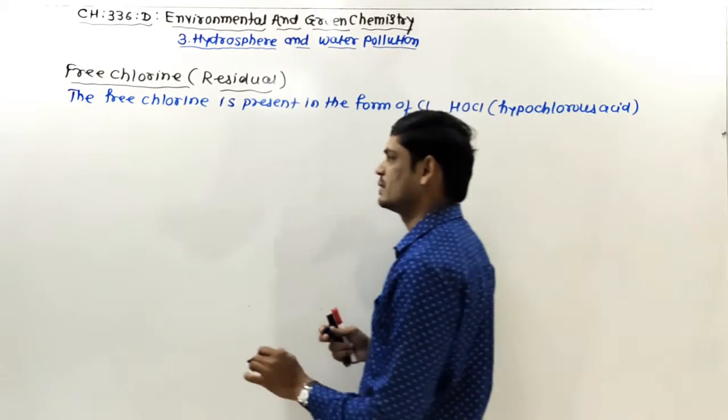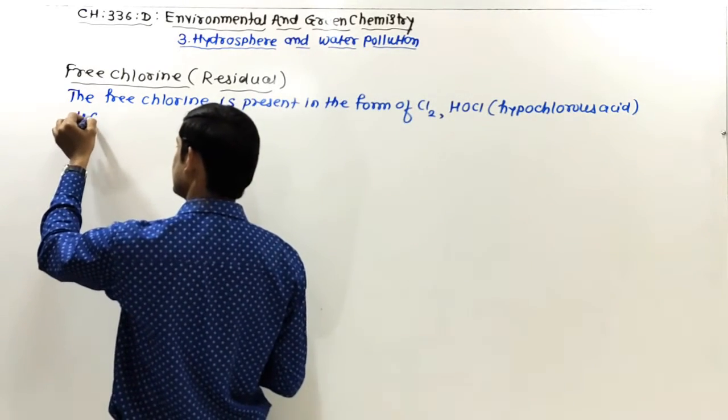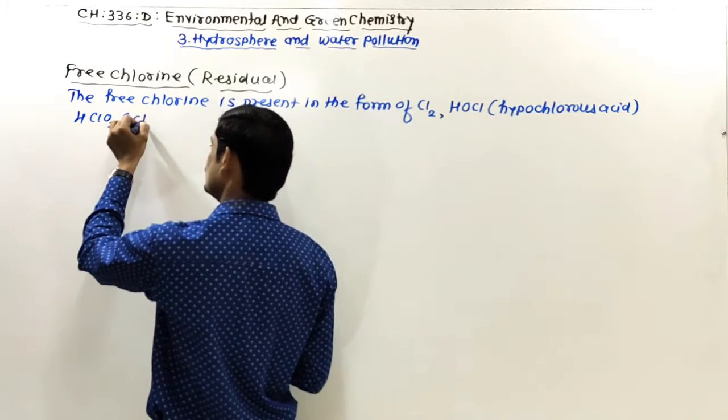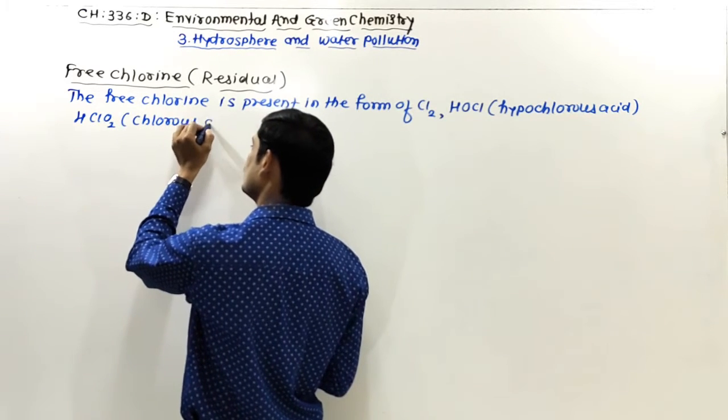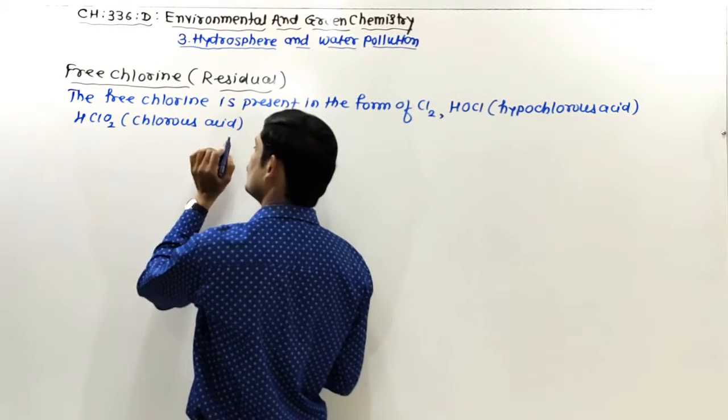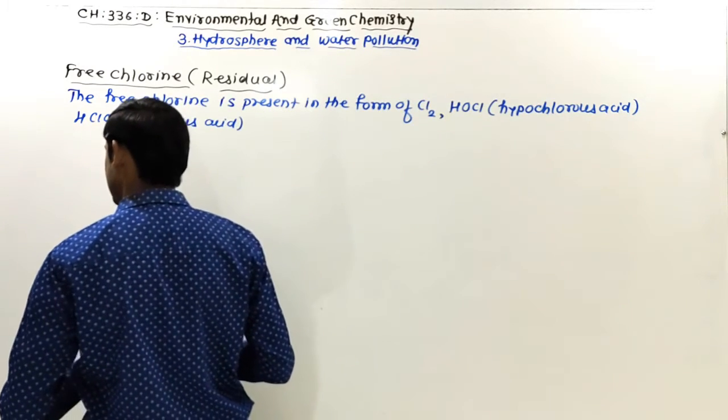The next one is HClO2, we call it chlorous acid.